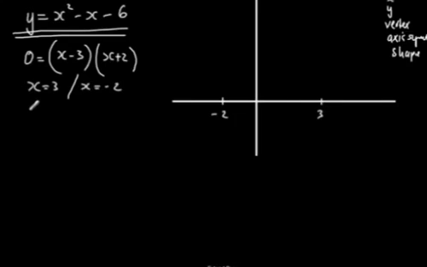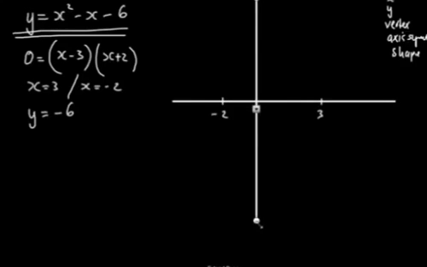Okay, now that's given us where y is equal to 0 to solve for x. If we now look at where x is equal to 0, y is going to be 0 plus 0 minus 6. So that is going to give us the point down here, and let's go ahead and draw that.